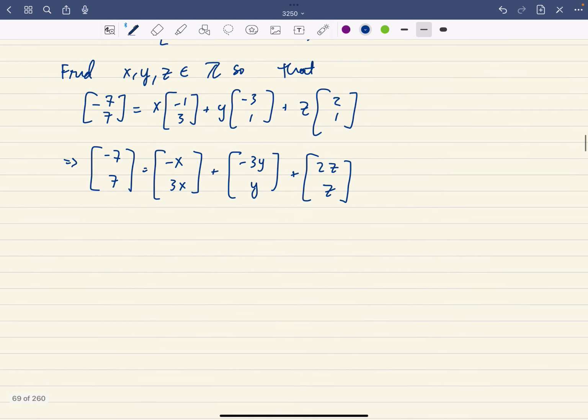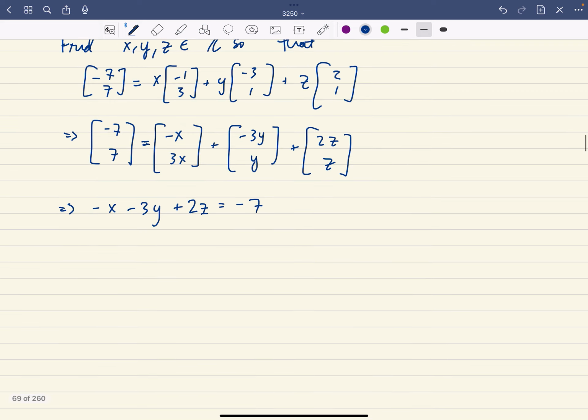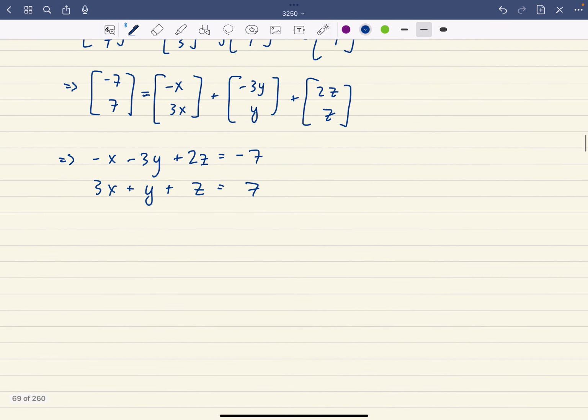And then if you compare the corresponding entries, you end up with two equations and three unknowns. You end up with -x minus 3y plus 2z is equal to -7. You also end up with 3x plus y plus z is equal to 7. And then you want to solve the system, and you want to specifically look for integer solutions.